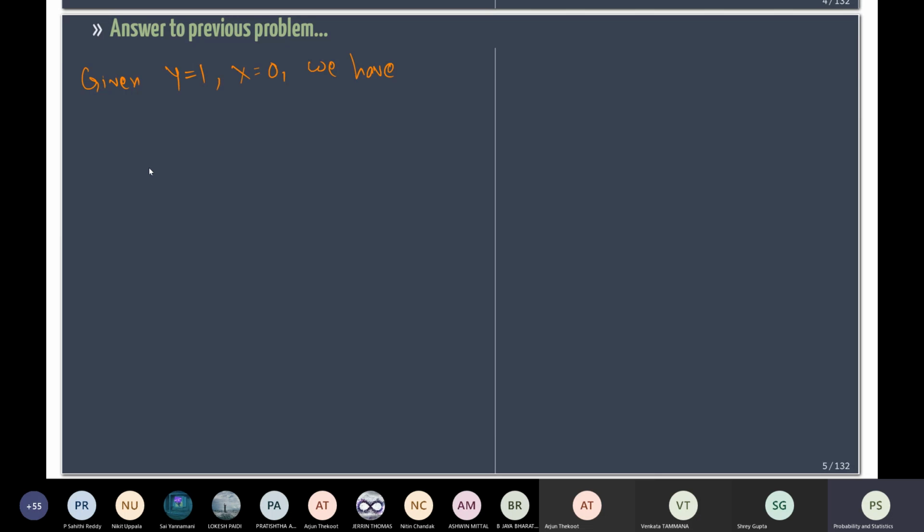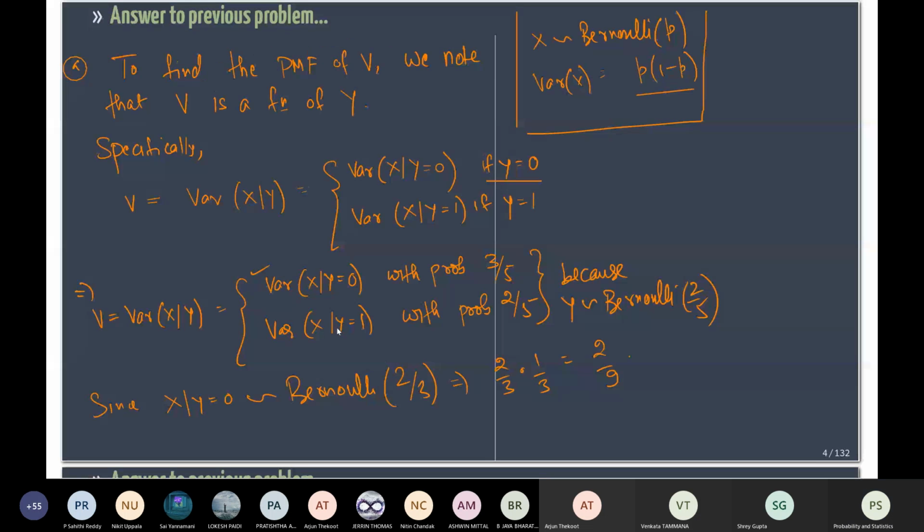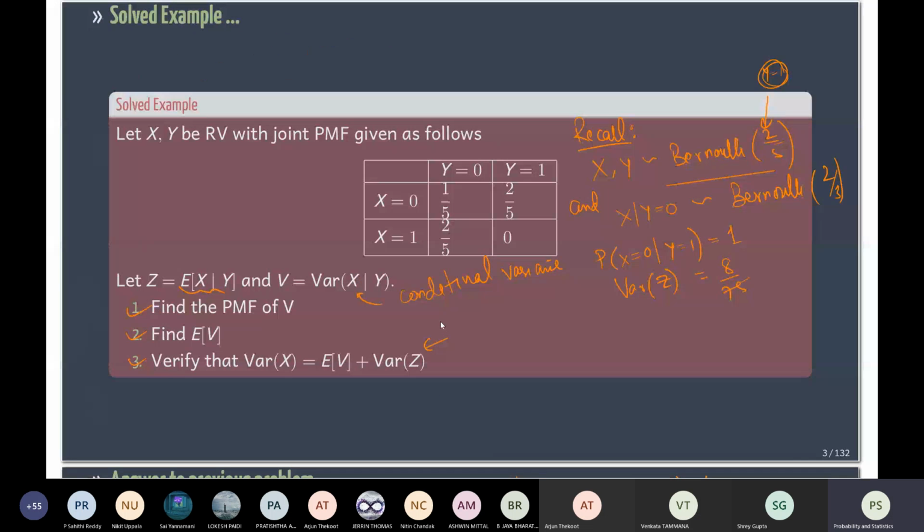Our focus is X given Y equal to 1. X given Y equal to 1 happens with probability 1, and this would imply that X equal to 1 given Y equal to 1 has probability 0, because this became deterministic now. Sorry, the probability of this happening is now 0.